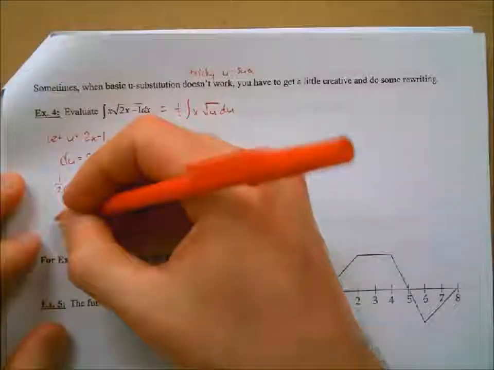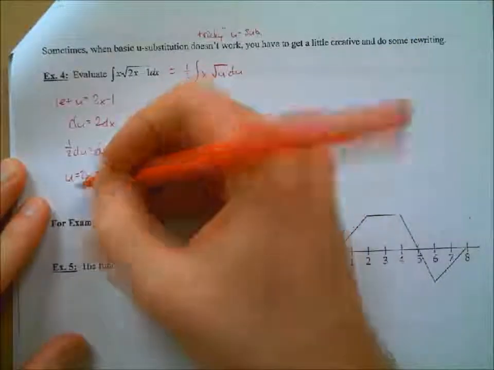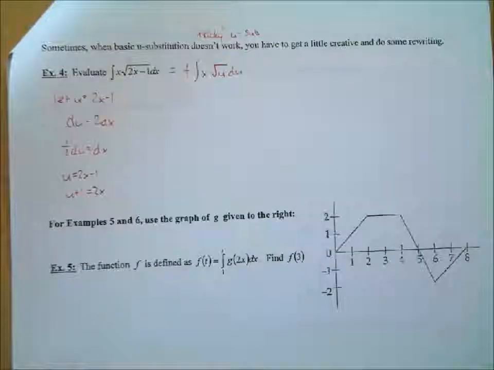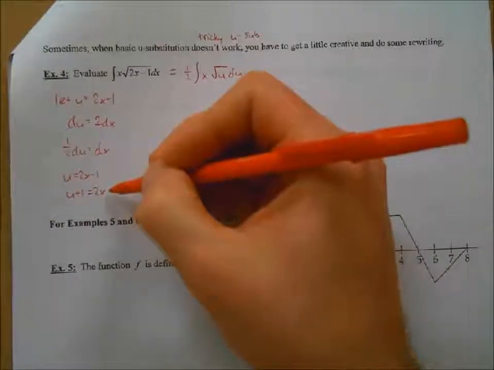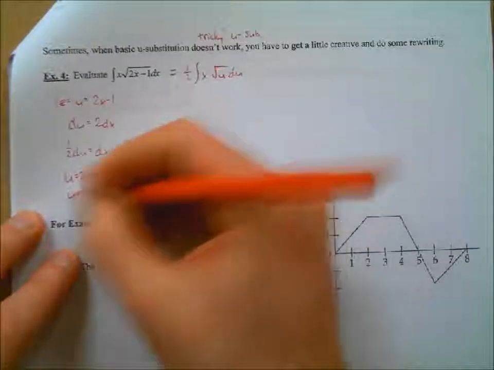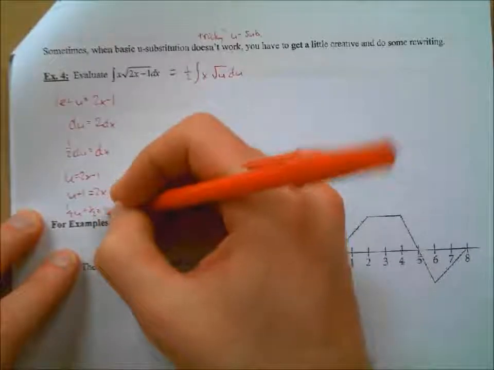So, if u is 2x minus 1, well, doesn't that mean that u plus 1 equals 2x? Right, we add 1 to both sides here. If we're saying this is true, then this must be true. And if that's true, then if we divide by 2 on both sides or multiply by 1/2 on both sides, wouldn't 1/2 u plus 1/2 equal x?